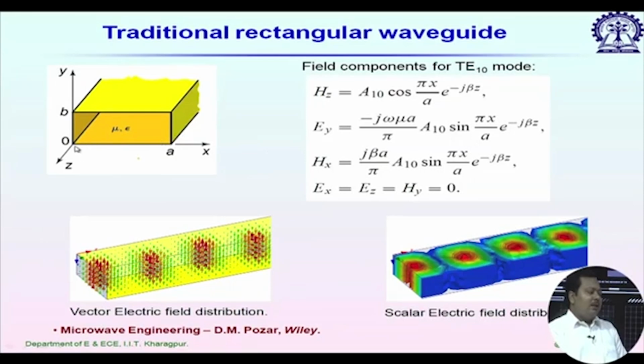So, at x equal to 0 and at x equal to a, the electric field is 0, and it is maximum on the central plane.